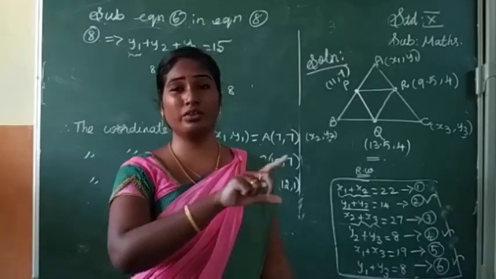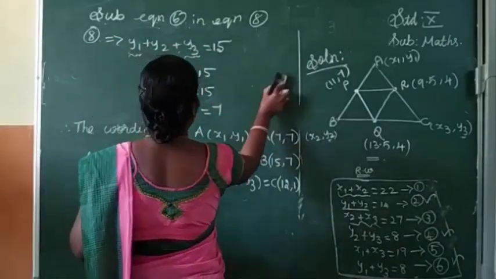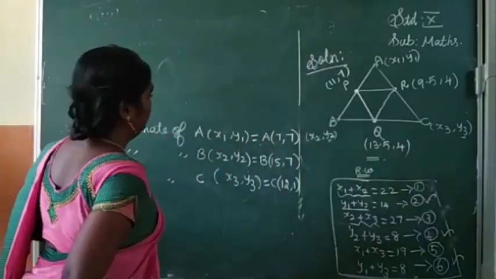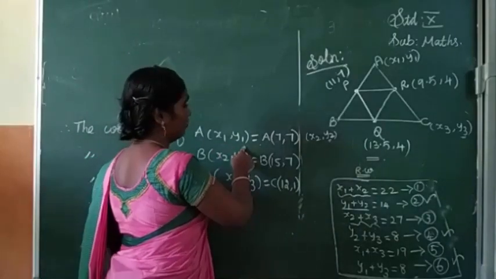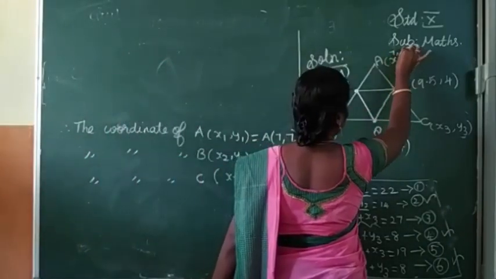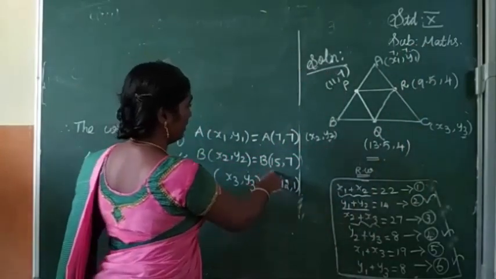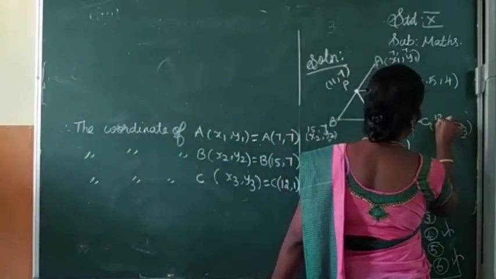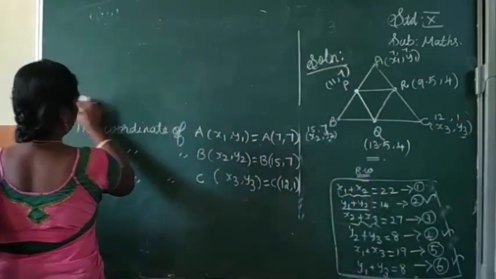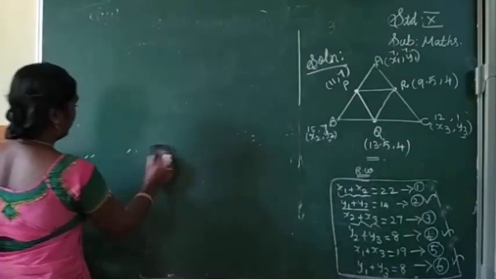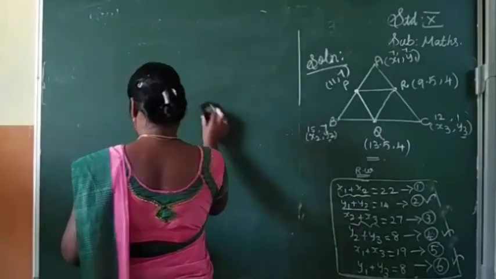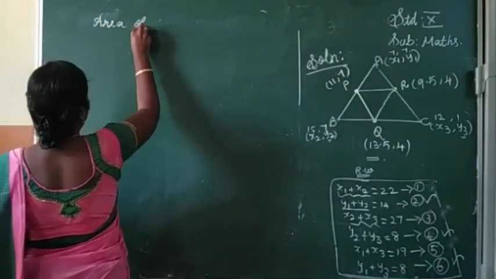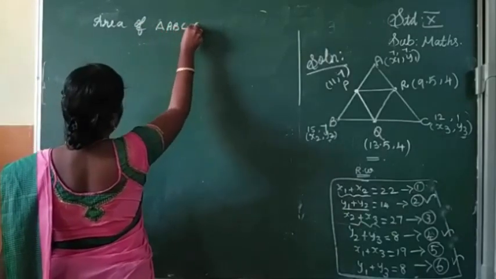So now we are going to find the area of triangle ABC. See, here we got the x1, y1 value. Now substitute in the x1, y1 place, we will get 7, 7. Then the B coordinate value is 15, 7. Then the C coordinate value is 12, 1. Now we are going to find the area of triangle ABC. So first write, area of triangle ABC is equal to, what is the formula?